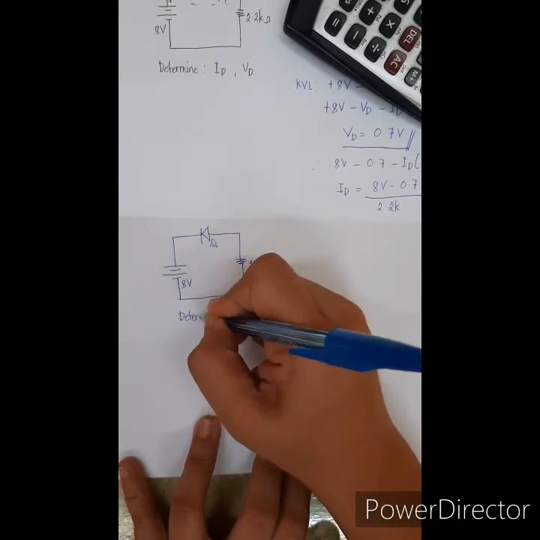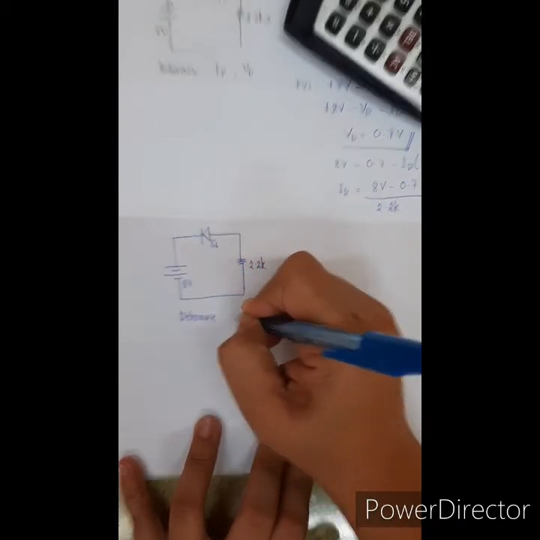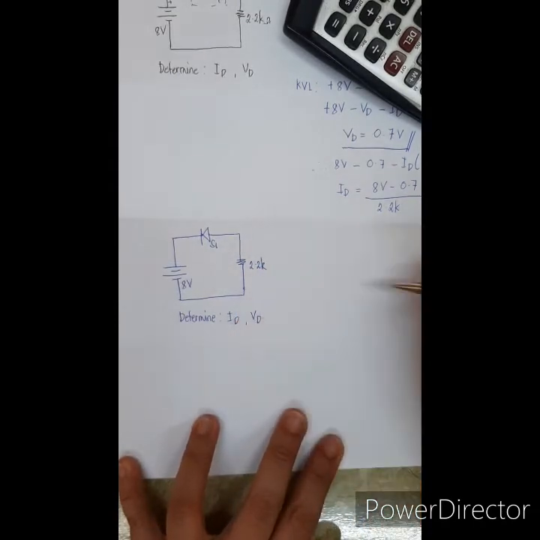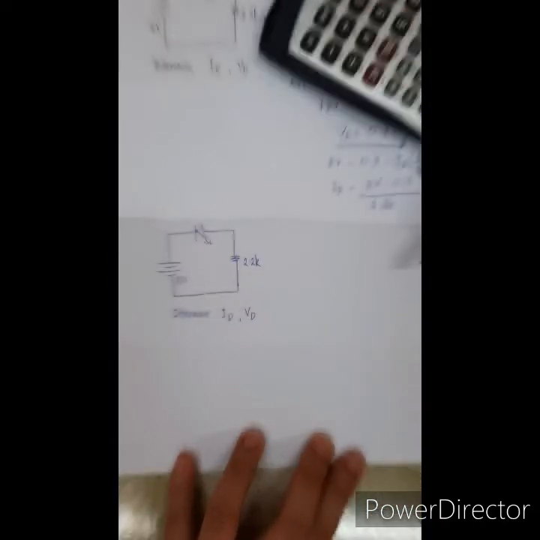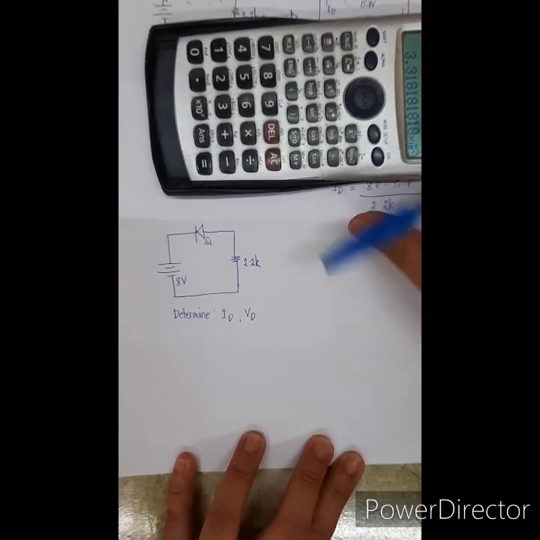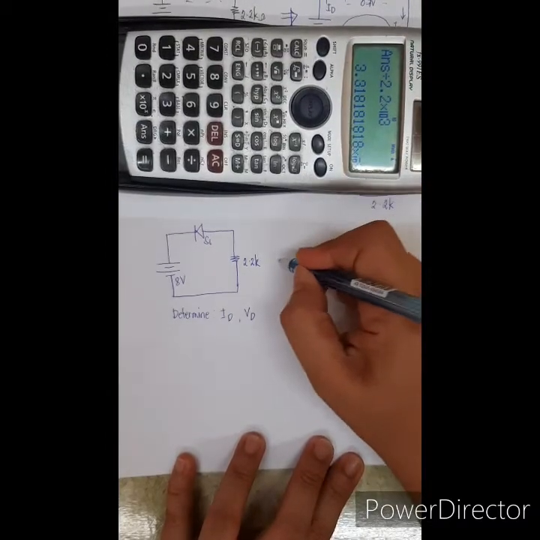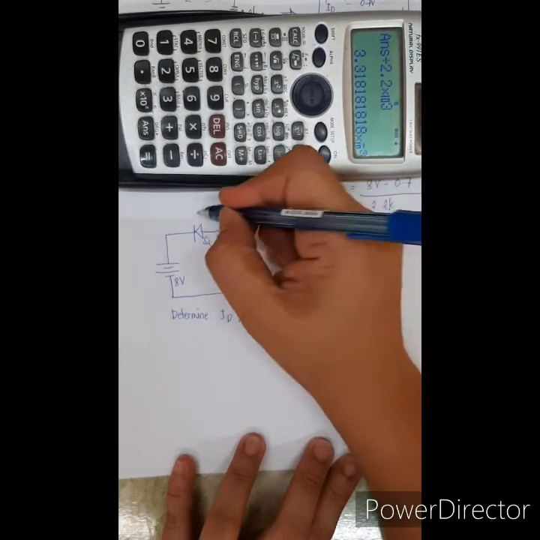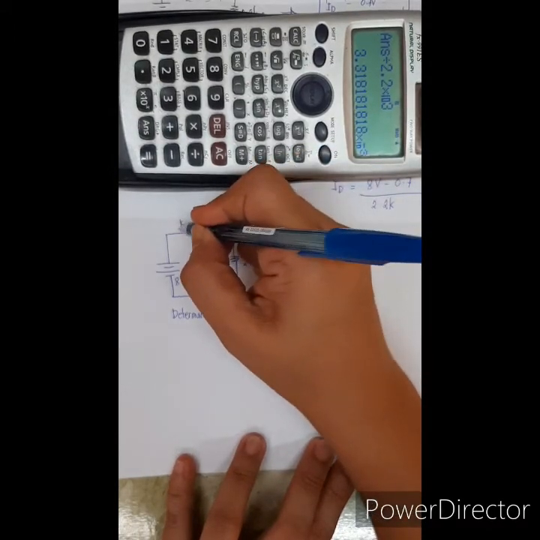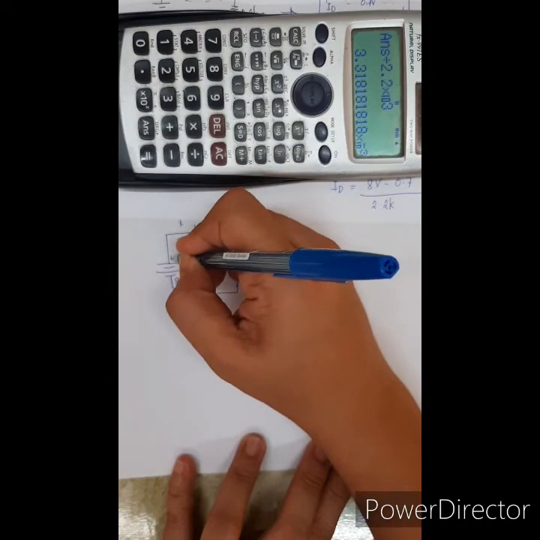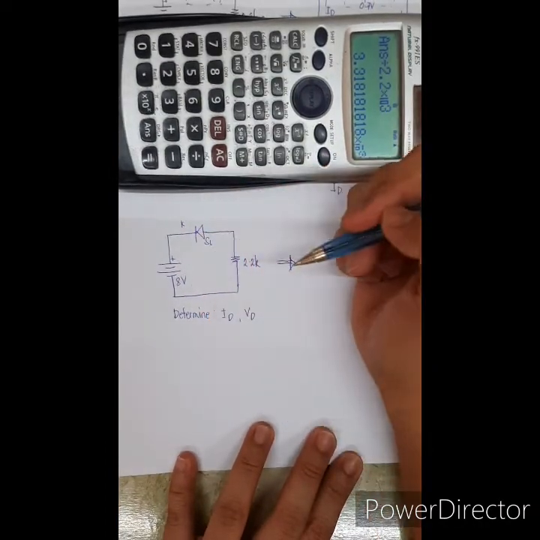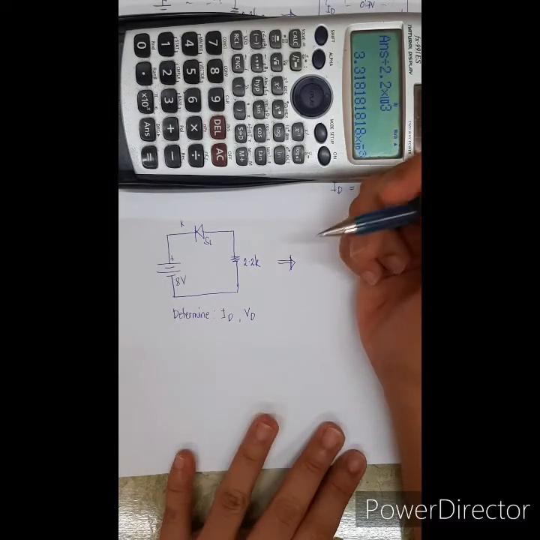Determine still ID and VD. So, gamit yung equivalent circuit, and since at this point the cathode terminal is already connected to the positive terminal of the supply, the diode here is already in the reverse bias condition.